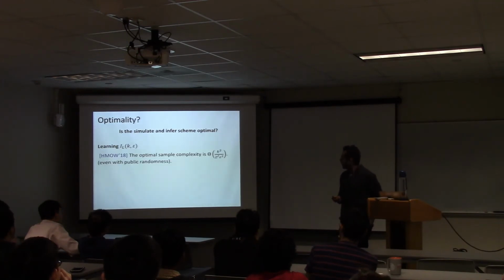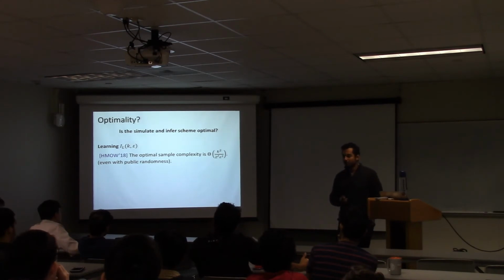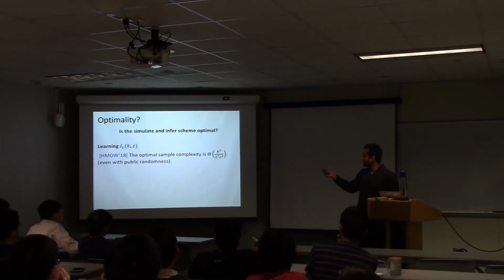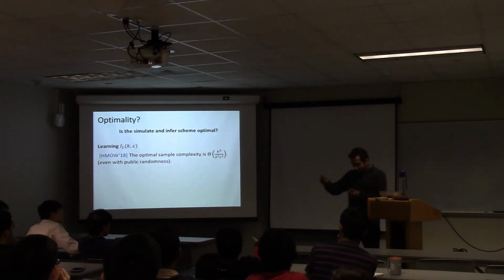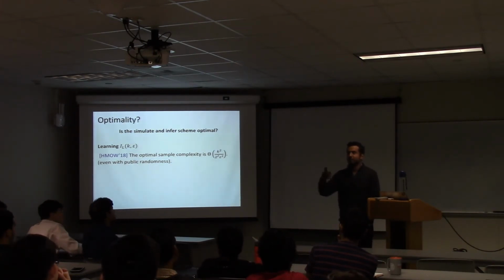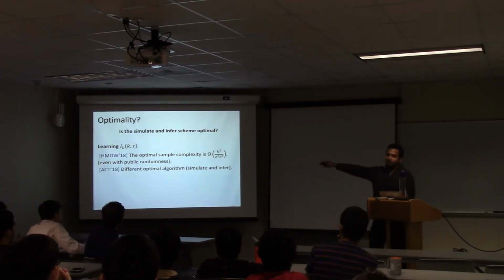Yes, so for learning, this paper showed that the optimal sample complexity is k square over 2 to the L times epsilon square, even with public randomness. We have a separate proof of this, but those authors came up with a scheme to show lower bounds for schemes that work in different rounds, not just simultaneous message passing. We have a different optimal algorithm, which is simulate and infer.